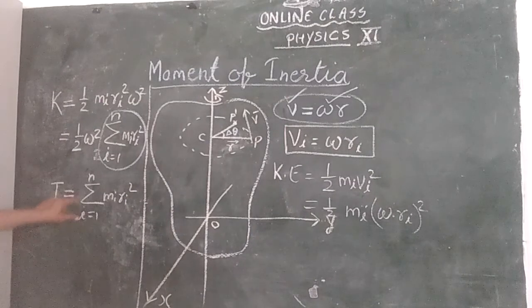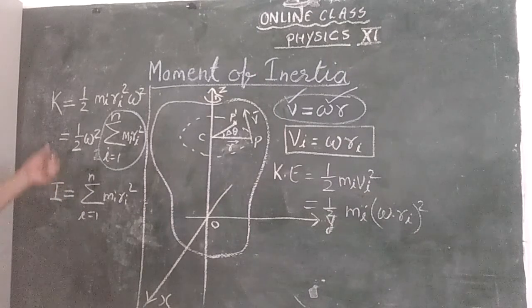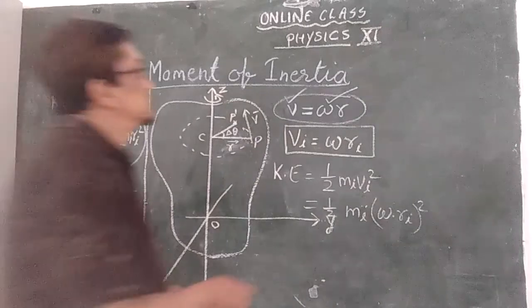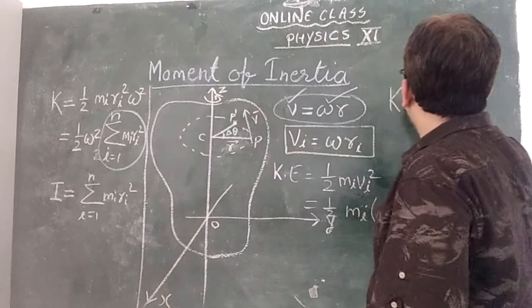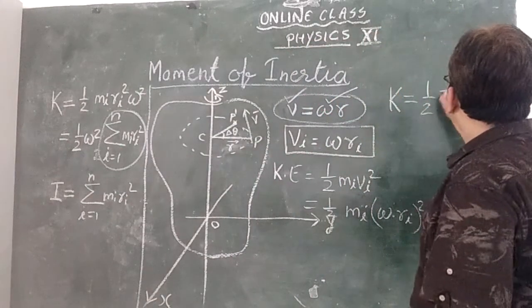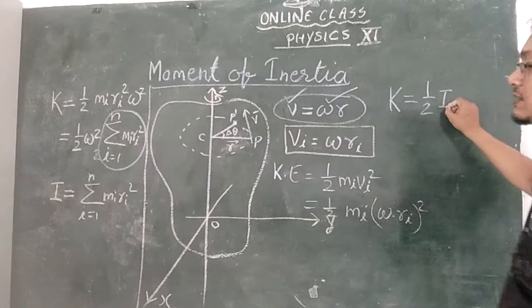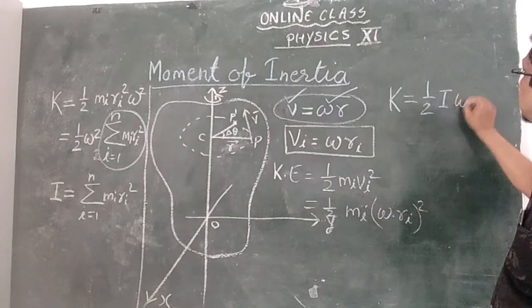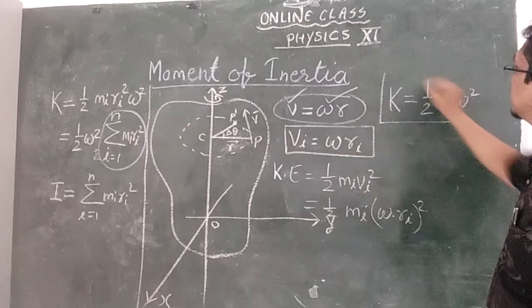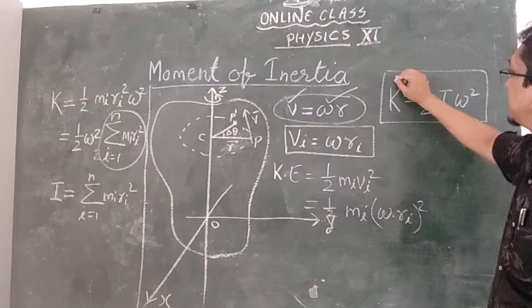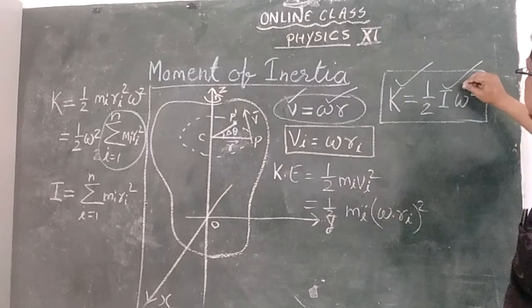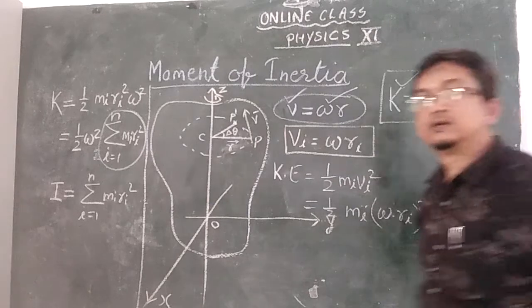This is known as moment of inertia. I is the symbol for moment of inertia. So the new relation for kinetic energy will become K is equal to half I omega square. This relation is showing the relation between kinetic energy, moment of inertia, and angular velocity.